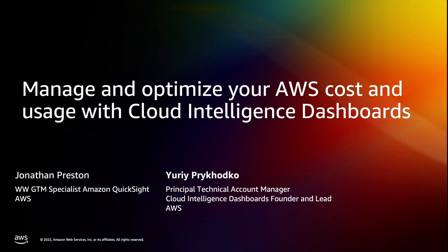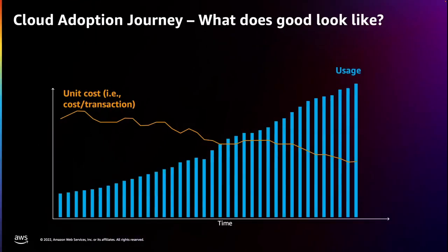And then we will have a demo, and Jonathan will cover some additional benefits of Amazon Quicksight in your business applications, in your business use cases, and how Quicksight can help you to grow your business with advanced analytics. So let's start.